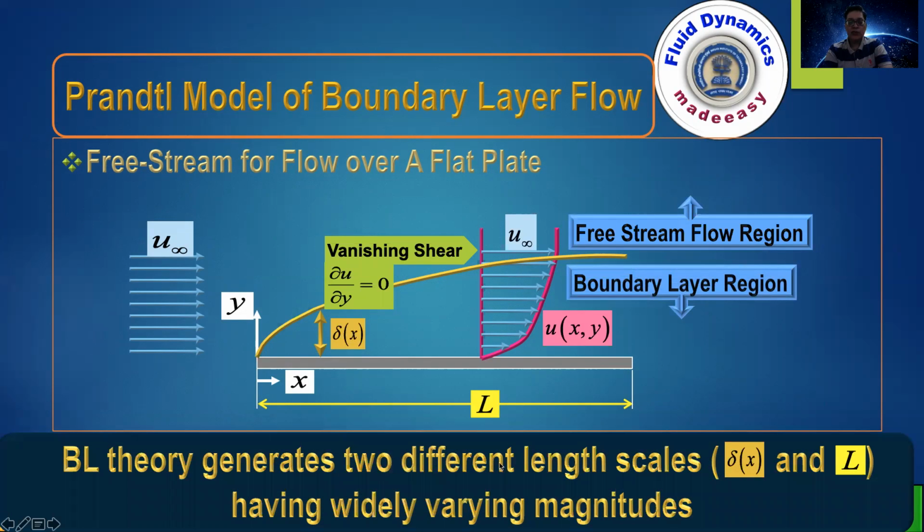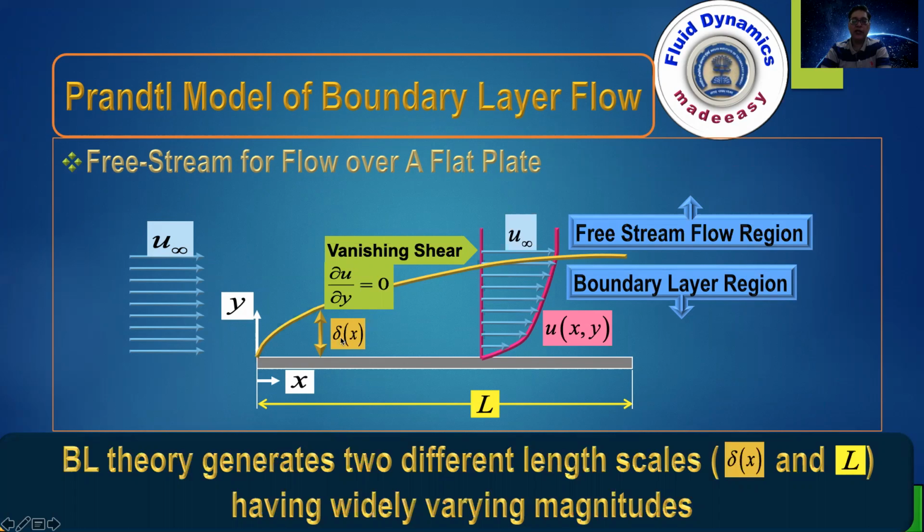Boundary layer generates two different length scales. In this problem, note that the length of the plate is one of the lengths which is known to us. But when you consider a boundary layer, the thickness of the boundary layer is the second length scale which is generated. As in the previous slide I mentioned, one of the assumptions being used is that the thickness of the boundary layer is very small.